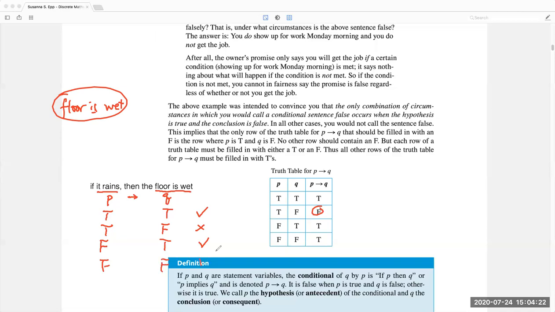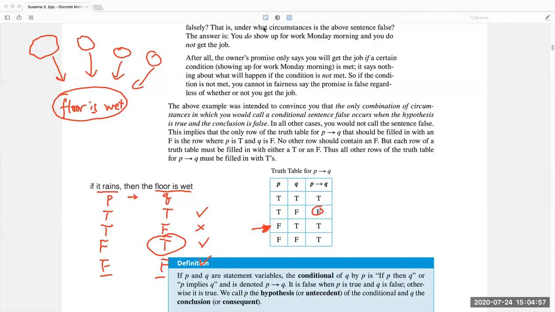Yeah, so let's say the floor is wet because you pour some water on the floor. So there are different causes that cause the floor to be wet, okay? It need not be due to the rain. So it can be other reasons. So this can still be logically correct. So this is true. And if these two are false, then this is true, I think. Okay. So the most difficult part for you is to remember this one.